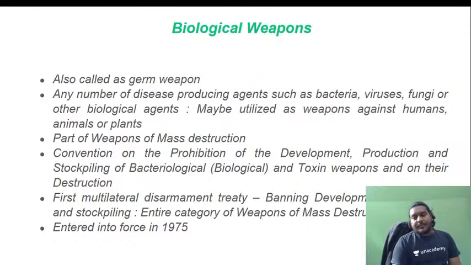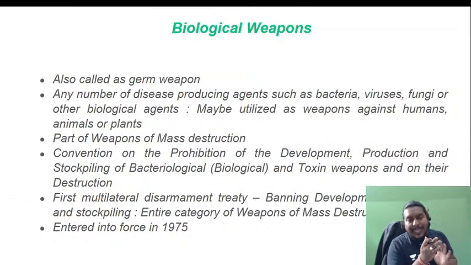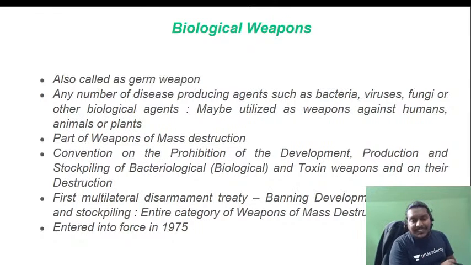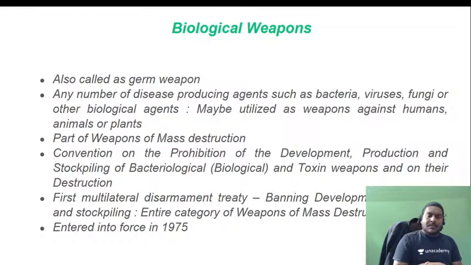So anything, be it a bacteria, virus, fungi or any other biological agent, if that is used as a weapon against humans, animals or plants, and if that is a part of weapons of mass destruction, this is definitely a wrong thing. They are the biological weapons.